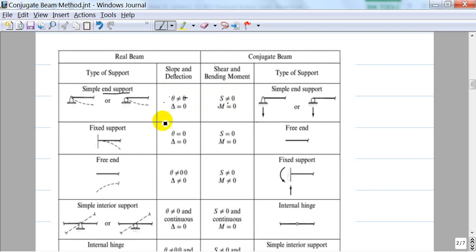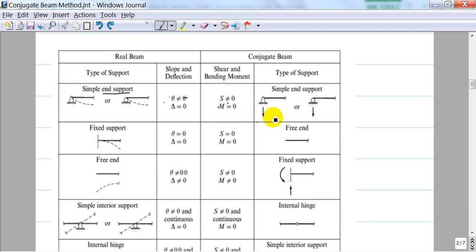Shear force cannot be zero in a conjugate beam, and there is no deflection at those supports, so there should not be any moment at the support. If you need a support where there can be shear force but no moment, then it should again be a pin or a roller. So if the end support in a real beam is a pin or roller, then the end support in a conjugate beam will also be a pin or roller. Okay, so that is the reciprocal of those supports.